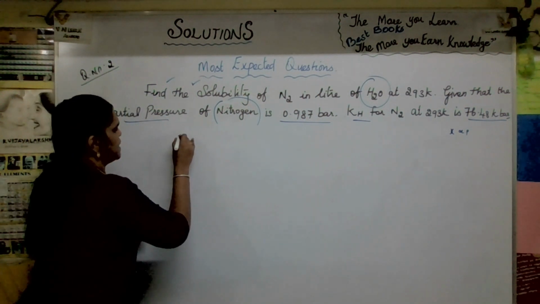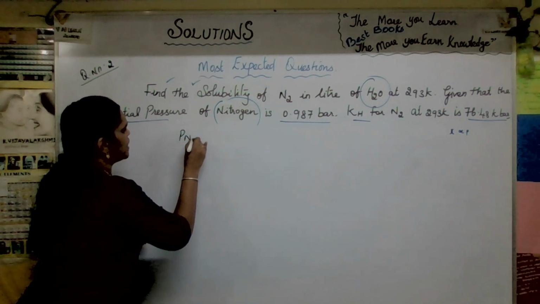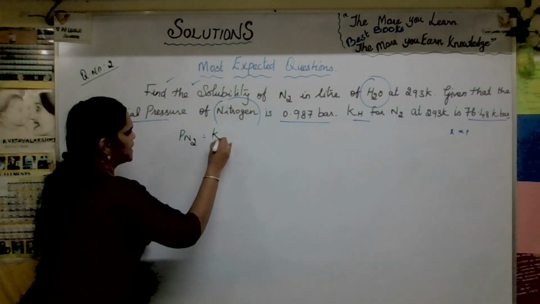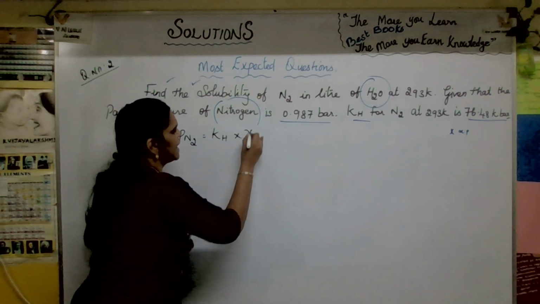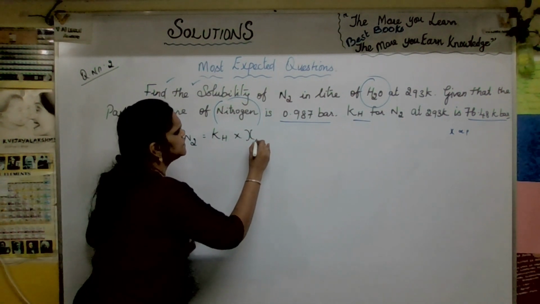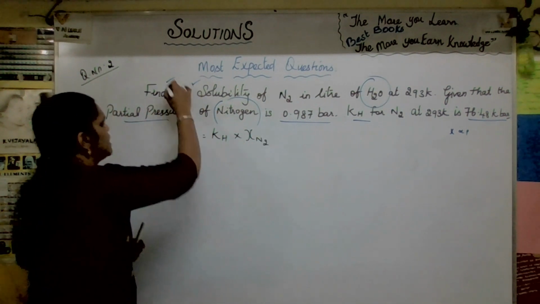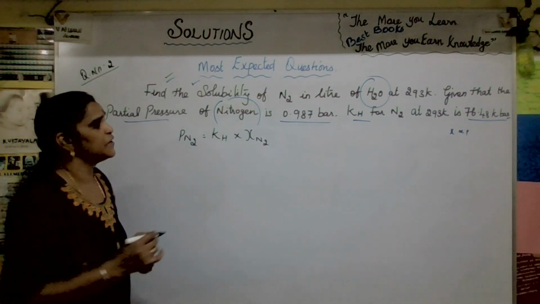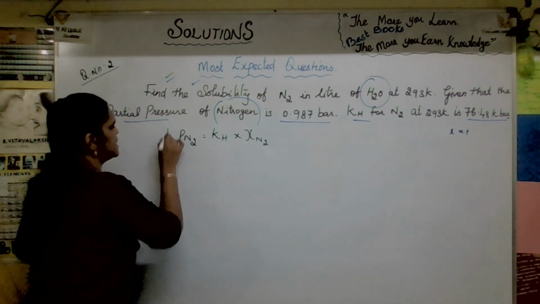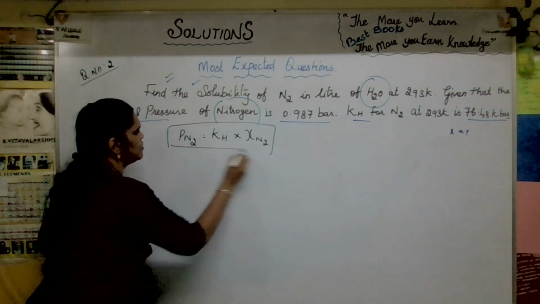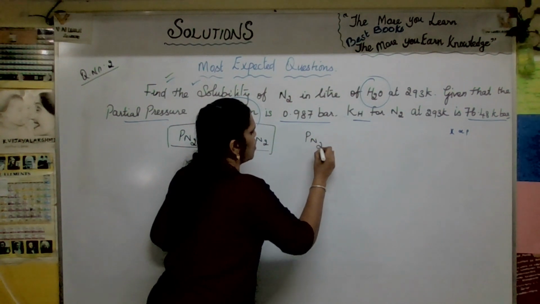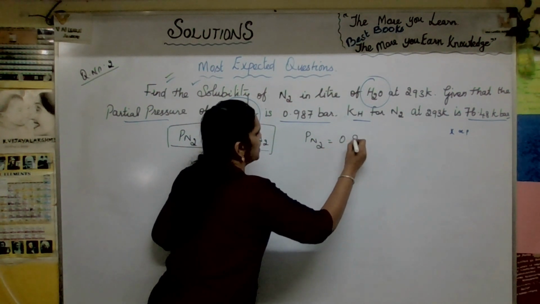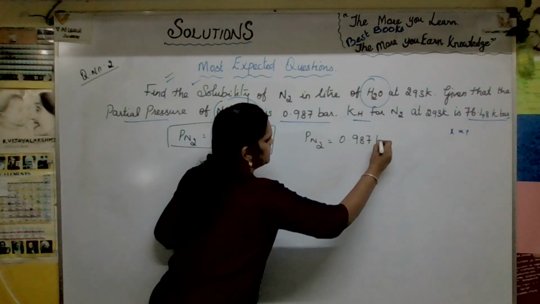So the partial pressure of nitrogen is equal to KH, Henry's constant, into chi of nitrogen. We need to find the solubility of nitrogen in water. Now let us see the values, then we can apply. The partial pressure of nitrogen is 0.987 bar.